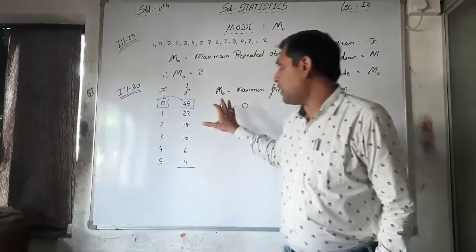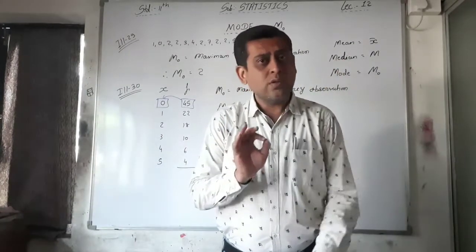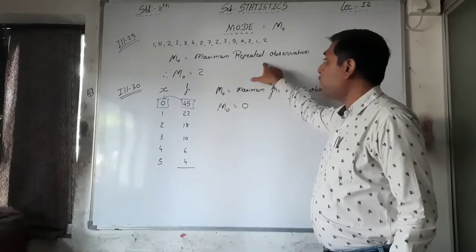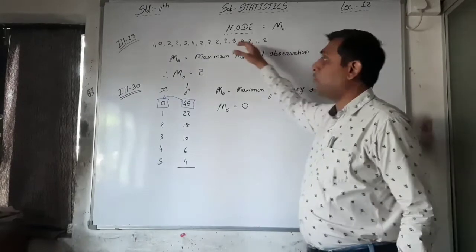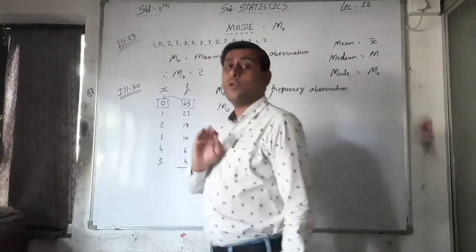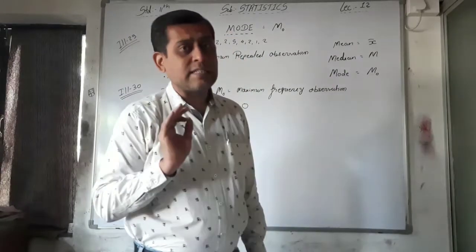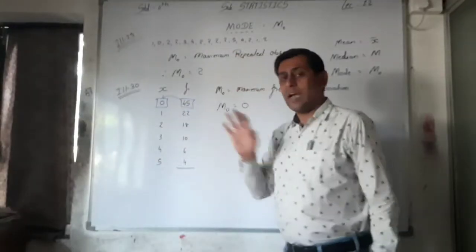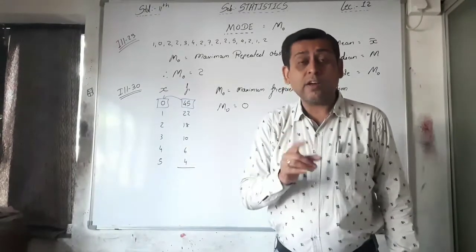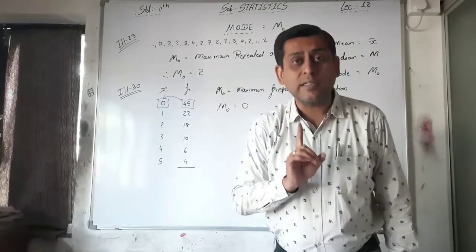See, the question asks us to find out the mode, and we just know the two methods here only. For that, maximum repeated observation for ungrouped data and maximum frequency observation for discrete group data. So here 0 is the answer as per the regular formula, but it is not an appropriate answer.